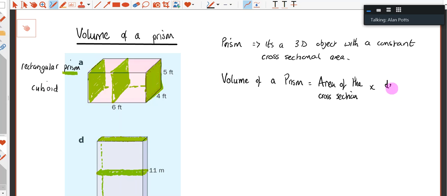I'm going to call it its depth, but it does depend on what direction you lay it down or stand it up, whether you think it's a depth or not. Does that make sense to you? If I say the volume of the prism is the area of the cross section multiplied by its depth. Any questions on that? What I mean by that?